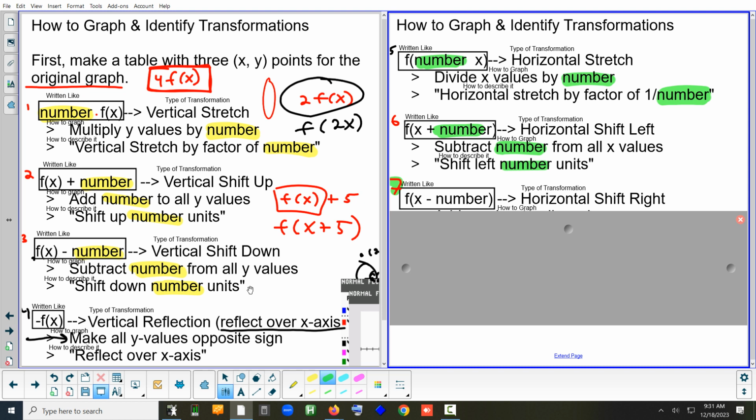How do you think I'm going to graph it? What do you think is going to go in the how to graph based on the one that we just did in box 6? So shift left, we subtracted a number from the x values. What do you think is going to happen for a shift right? So what do you think I'm going to put down under how to graph?